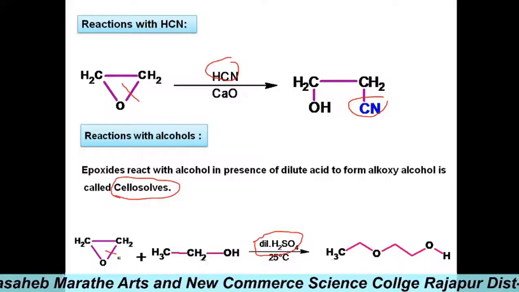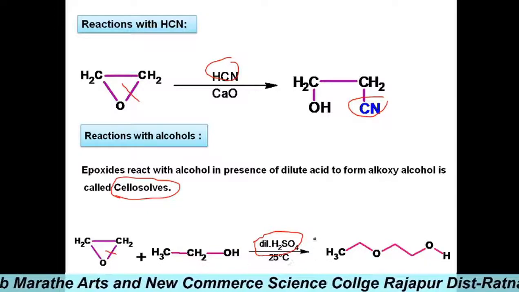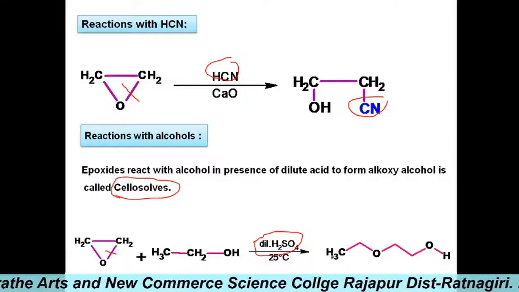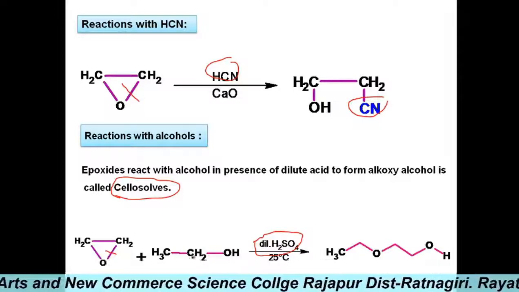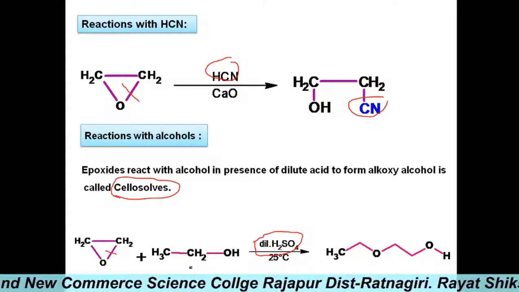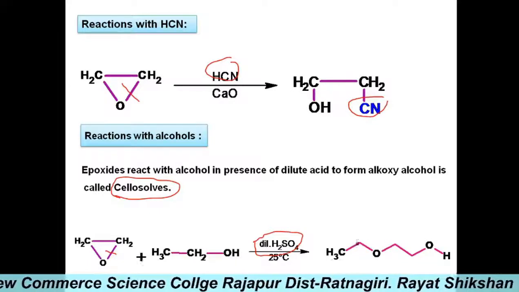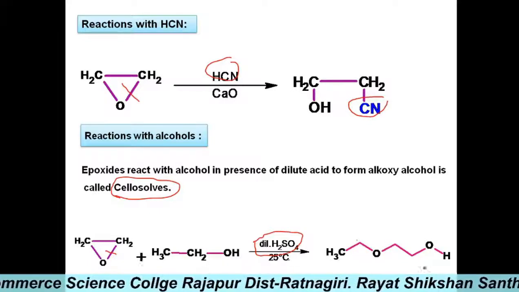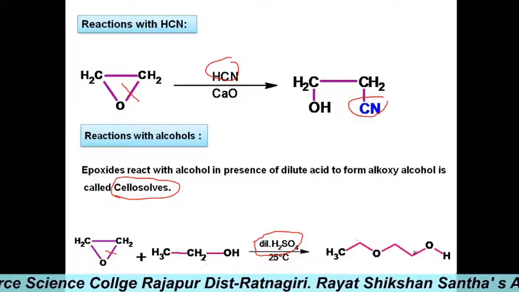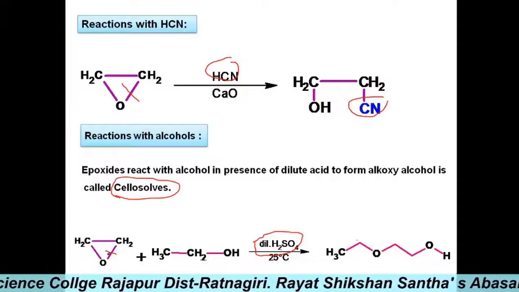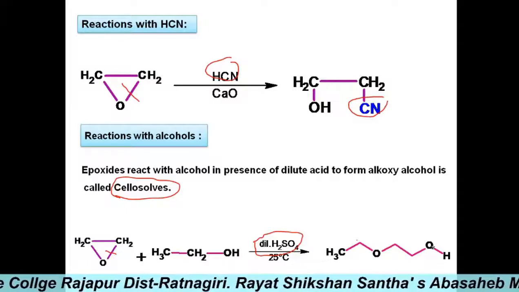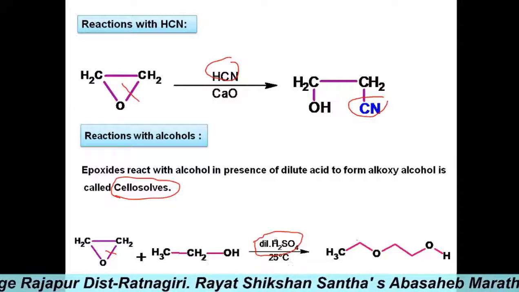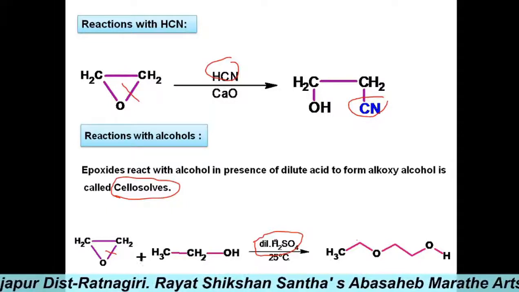The ring breaks on that side, with an OH on the other side, CH2 CH2 OH. So cellosolves are formed.